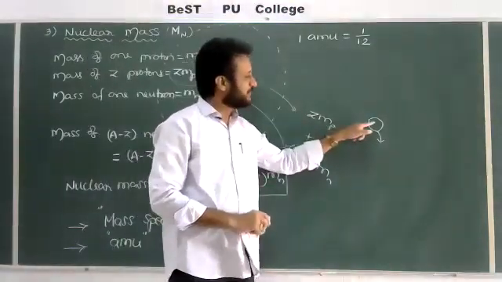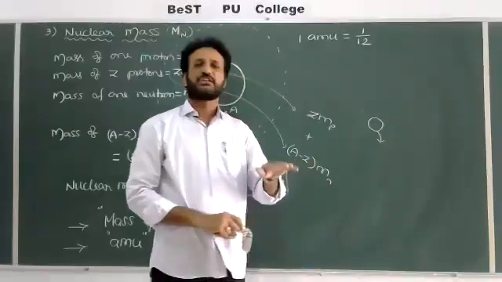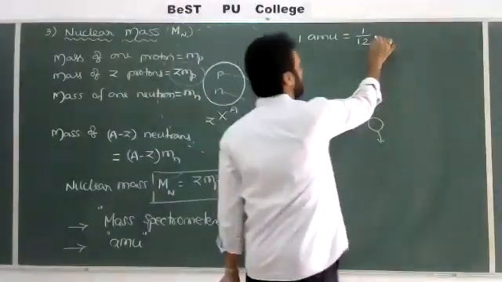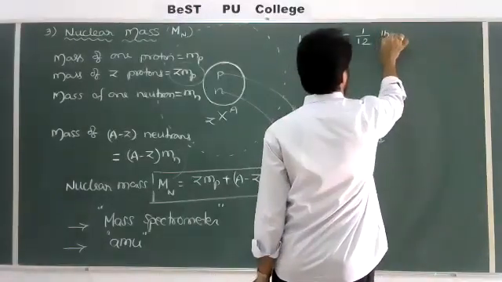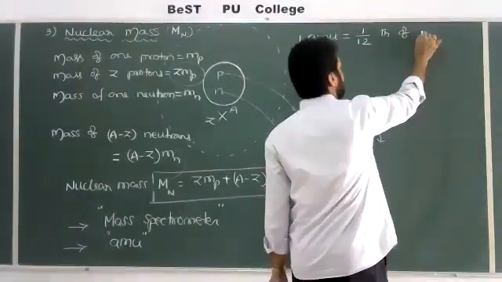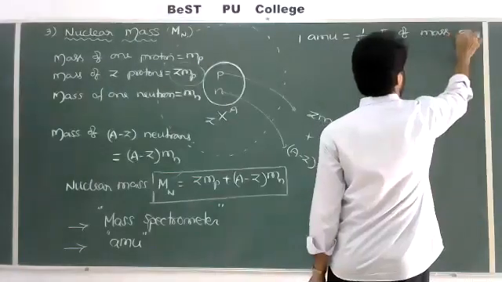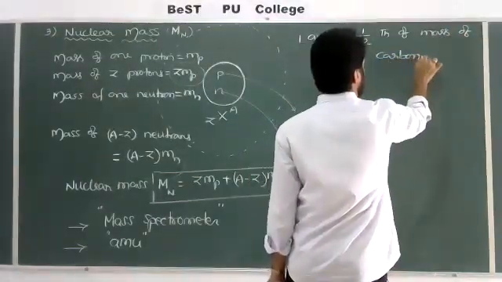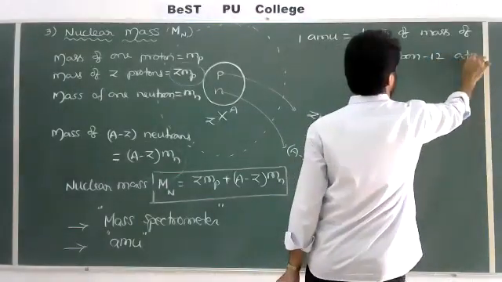If you divide this mass of the carbon atom by 12, we get one AMU. So 1 AMU is equal to 1/12 of the mass of a carbon-12 atom.